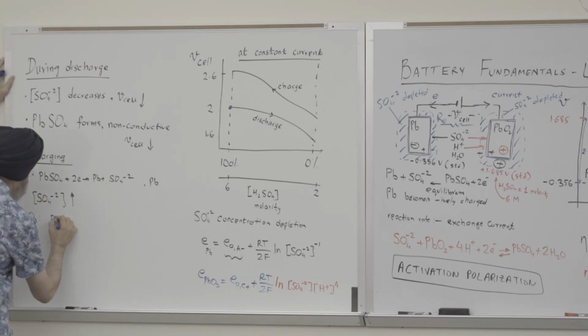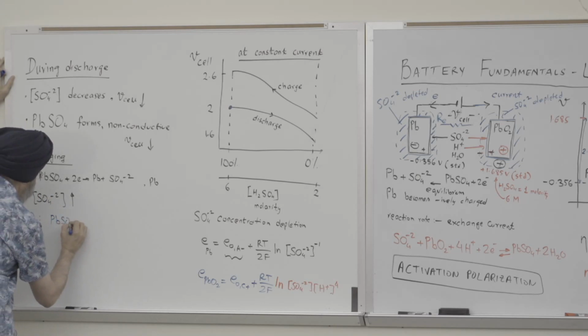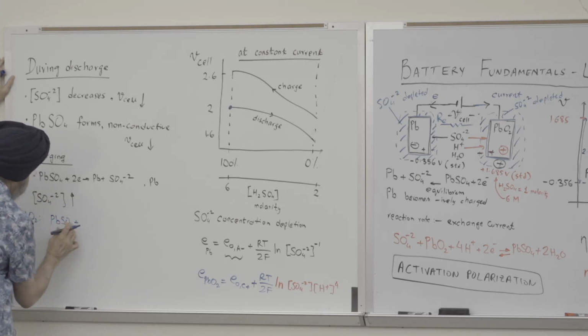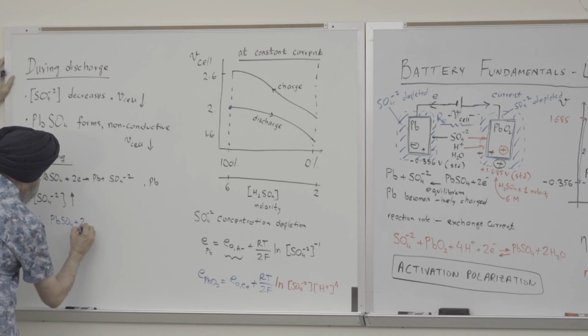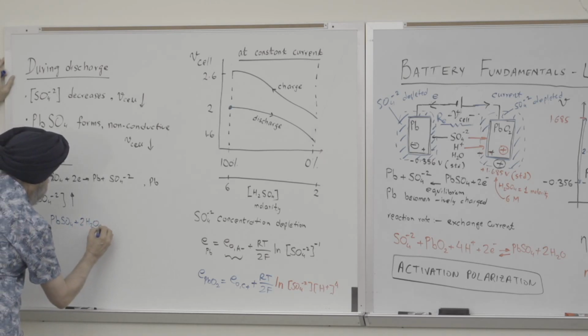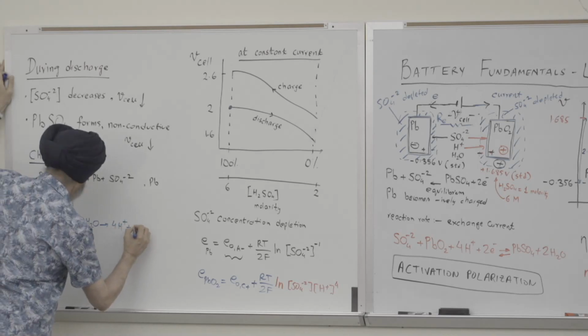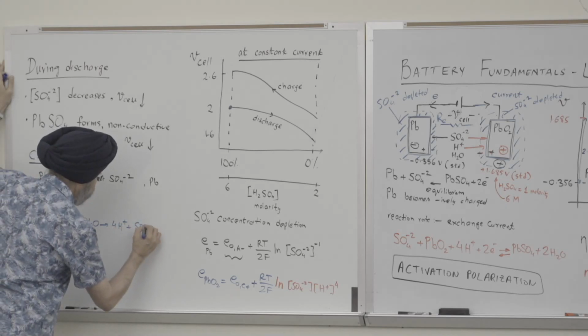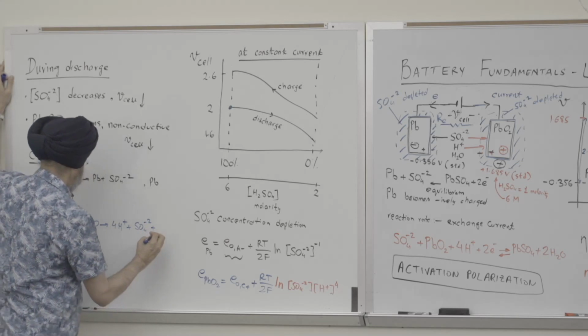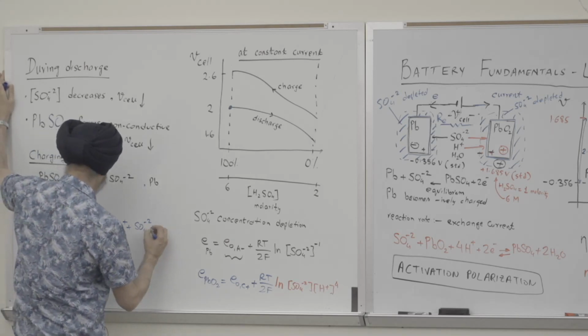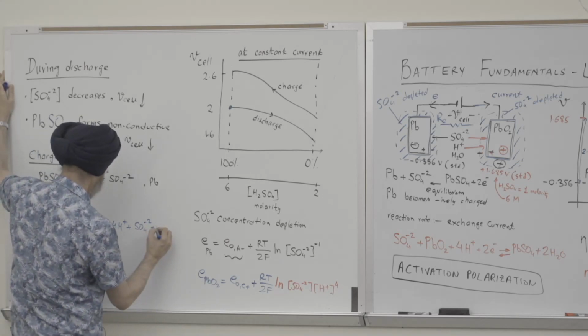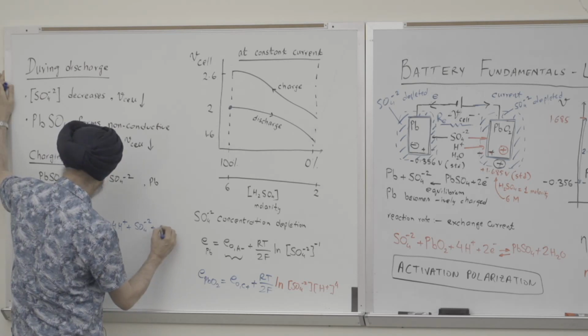So we have PbSO4, which is the surface of this lead oxide, plus 2H2O gives you 4H plus, SO4 minus 2, plus, let's see, what else? Plus 2 electrons.